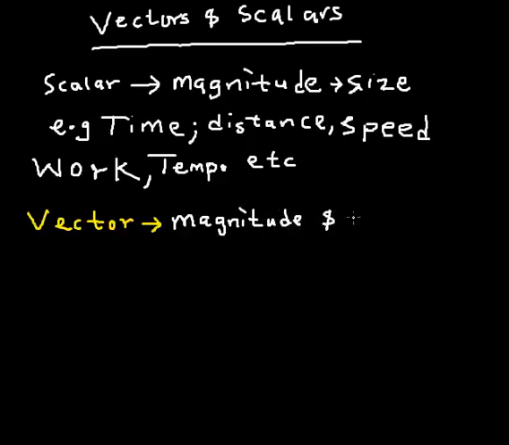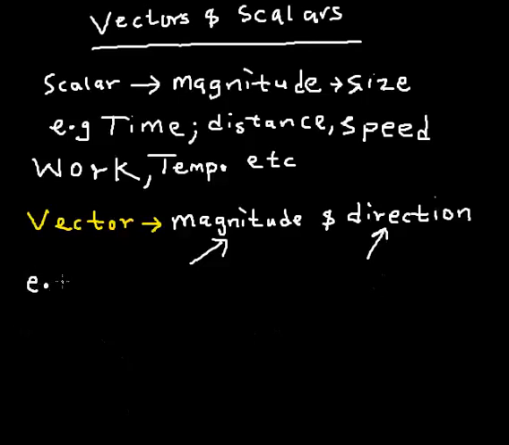So it's a quantity that has both magnitude and direction. For you to represent a vector quantity completely, you must represent both the magnitude of the vector and the direction to which the vector is acting.